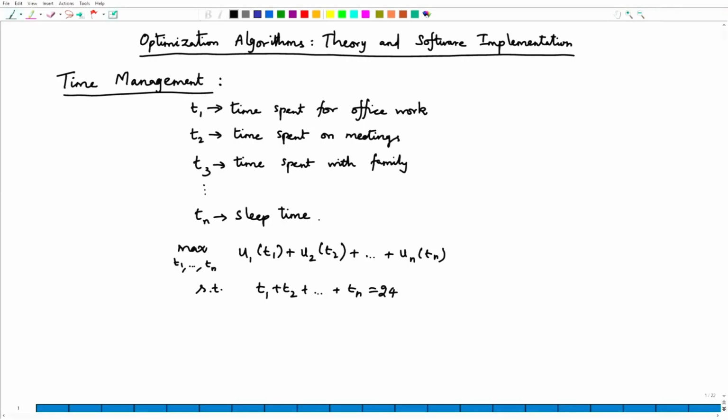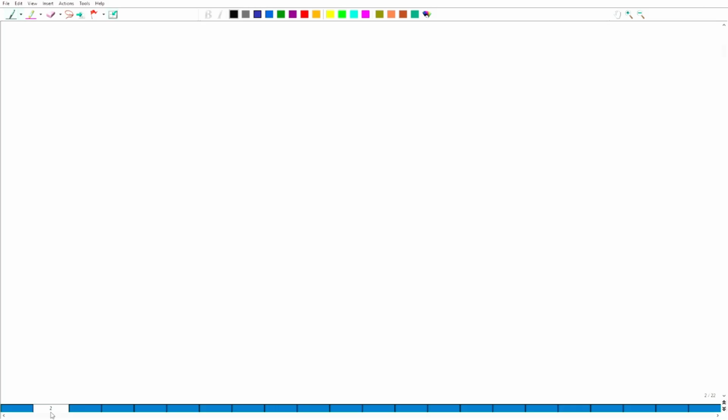So, this is a problem that every person is actually solving, so that he manages his time effectively every day. Fine, so that is a more layman kind of example. We will look at some examples that are used in academics.